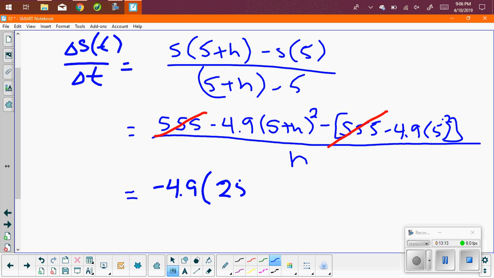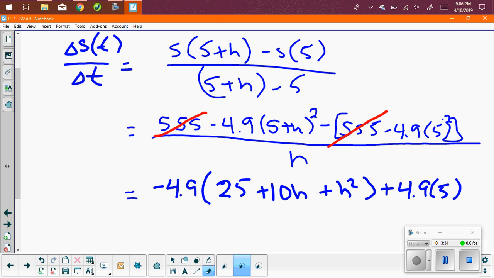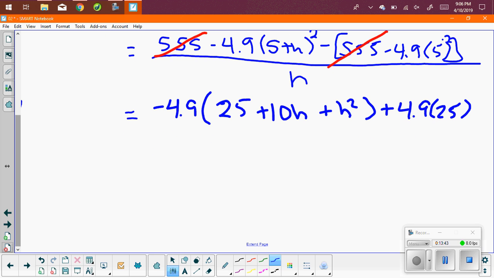So I have 25 plus 10h, plus h squared. And in the end here, I've got a double negative, so plus 4.9 times 25 when I square that 5. And it's still all divided by h.